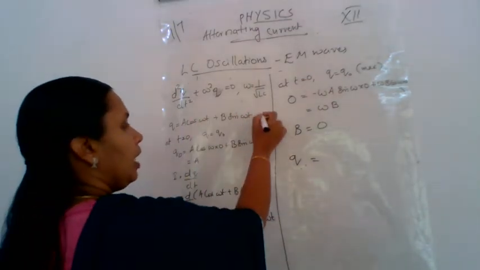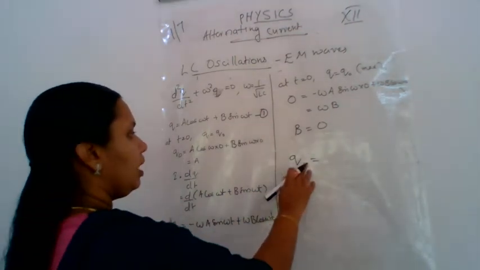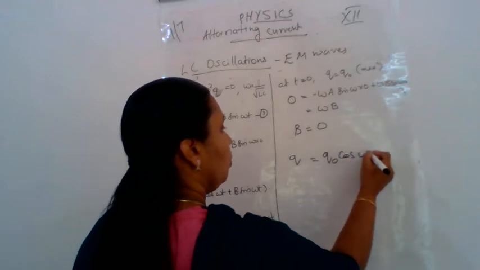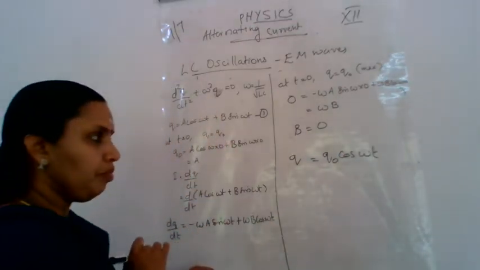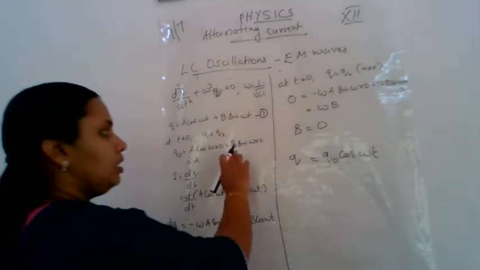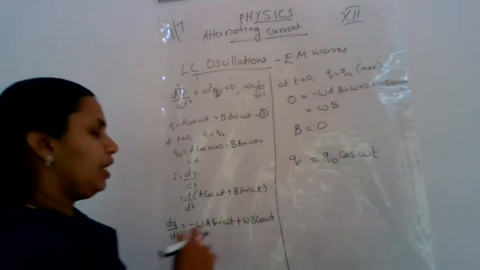So we can rewrite the equation, substituting the values of constants, as q equal to q0 cos omega t, because the second constant is becoming 0, b is equal to 0.